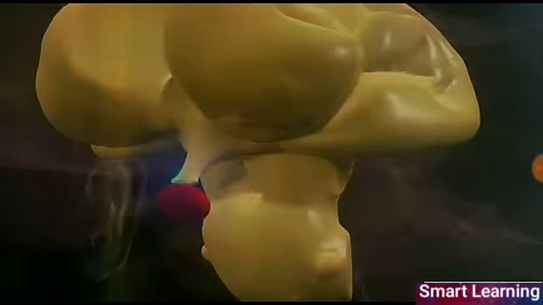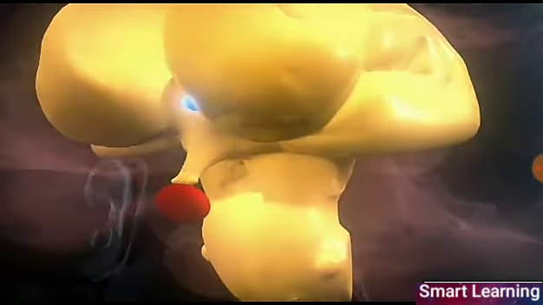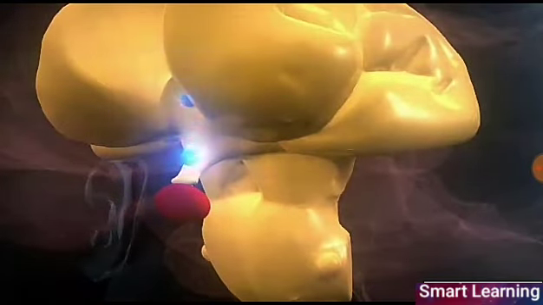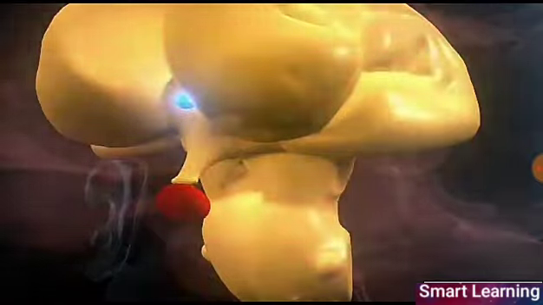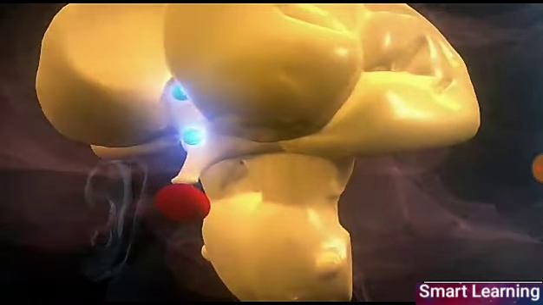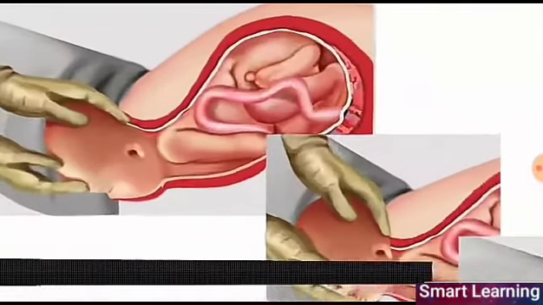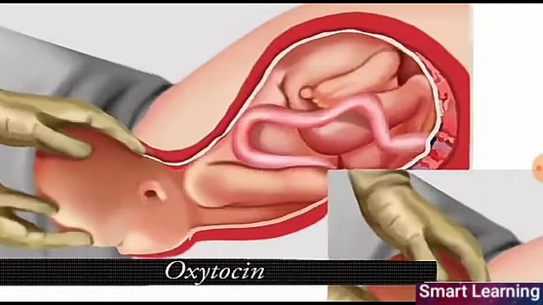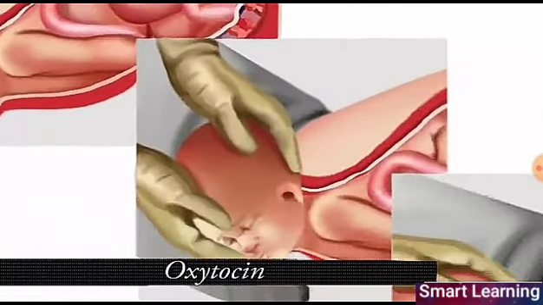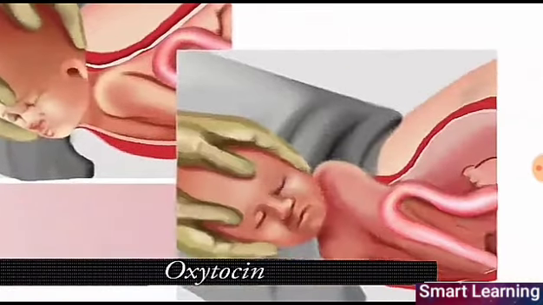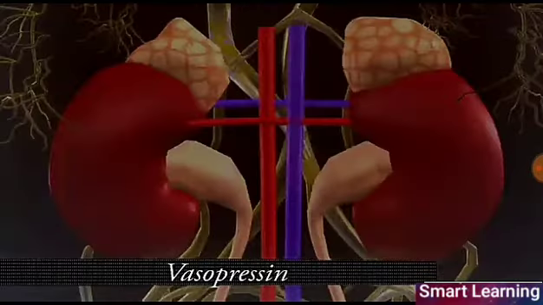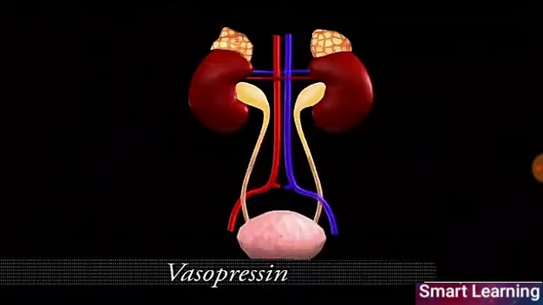These neurohormones are carried to the pituitary gland to stimulate or inhibit the secretion of anterior pituitary hormones. 2. Oxytocin. It induces contraction of smooth muscles of the uterus during birth of the child. 3. Vasopressin. It decreases the loss of water in the urine.